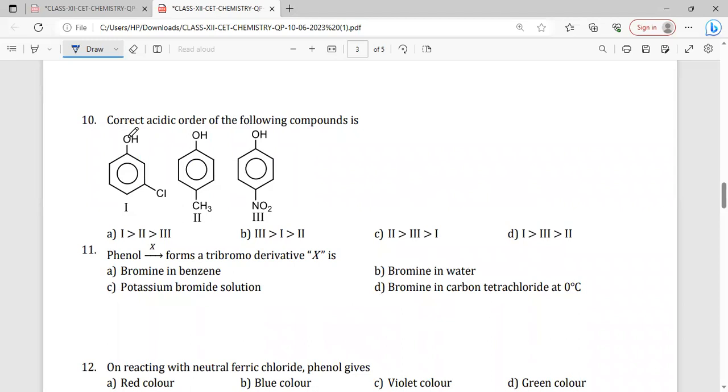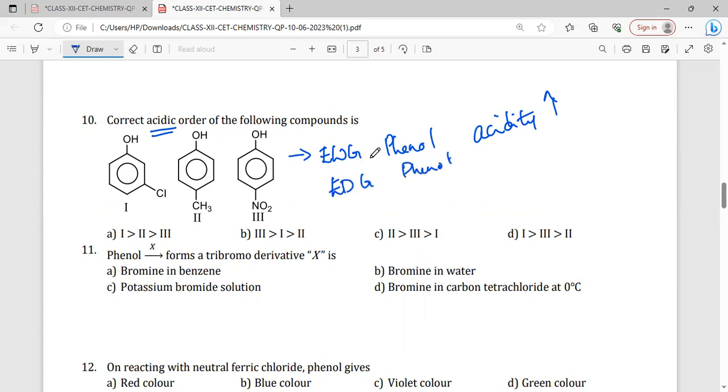Question number 10. Correct acidic order of the following compounds. One thing we know is that when we add an electron withdrawing group to phenol, acidity increases, and when we add an electron donating group to phenol, acidity decreases, because it affects the stability of the phenoxide ion.